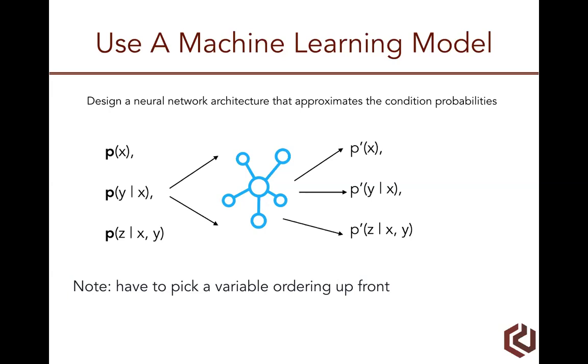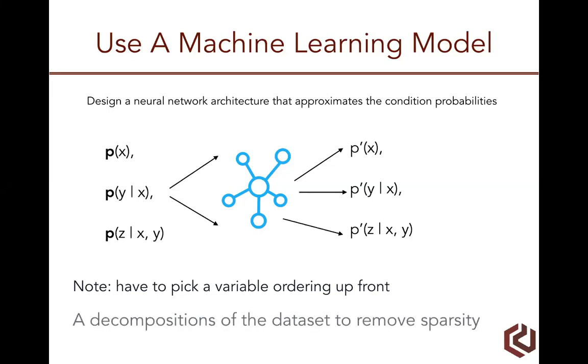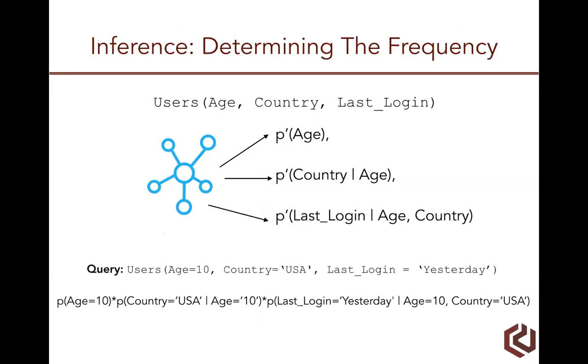So even though we're using machine learning, a lot of the theory that we built up for that partition tree project matters a lot here, because you need to know what variables are good to condition on and what are going to be correlated with the things that you're trying to aggregate over. So essentially, you can think of it as the same mechanism. This is a decomposition of the data set to eliminate sparsity. These chain rule decompositions are much denser representations of the data set than the original joint distribution.